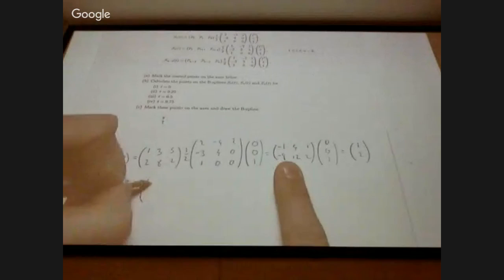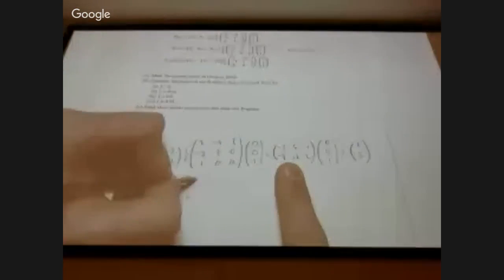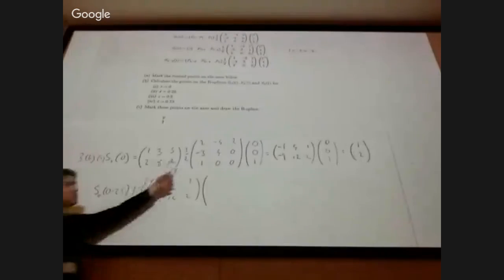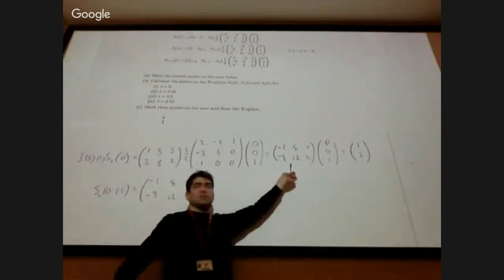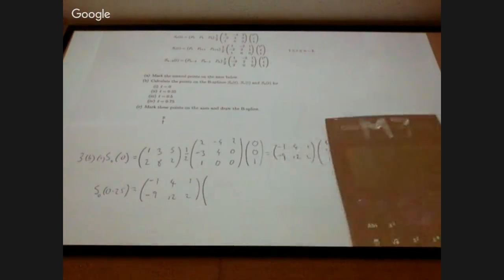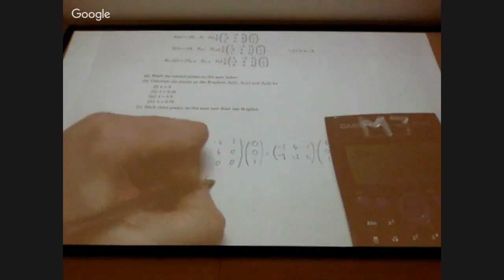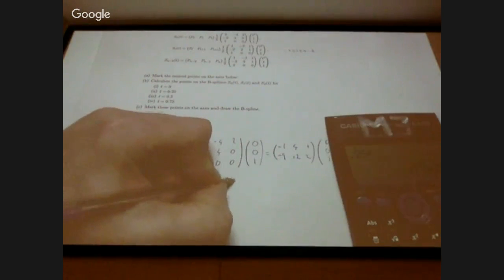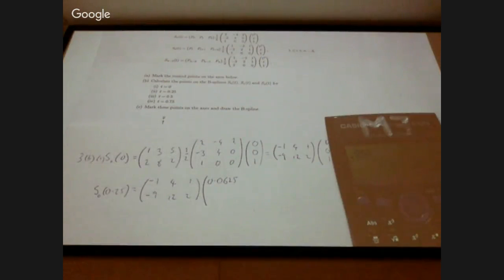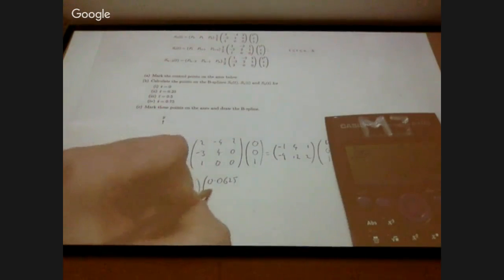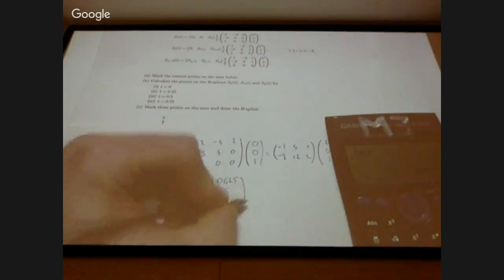No point doing more work than we have to. It's going to be the same first two matrices which we calculated here, so just use that. And 0.25 squared, well, that's 1/16, isn't it? 0.0625. We've got 0.25 and we've got 1.